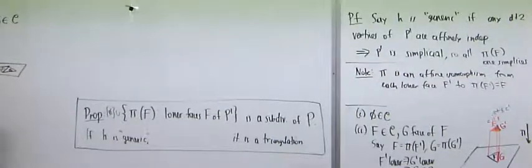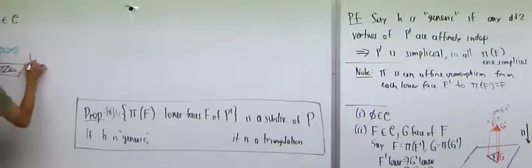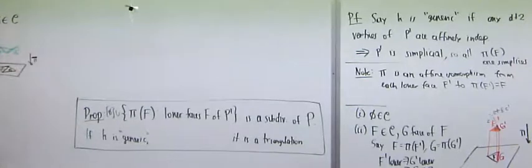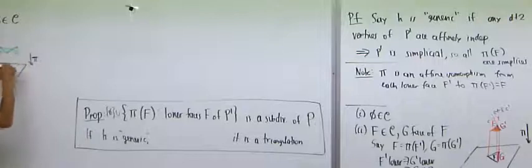Well, they're projections of some faces here, F prime and G prime. Okay? Now, I want to say that F and G intersect face to face. That's what I need. In other words, that the intersection of F and G is a face of both F and G.